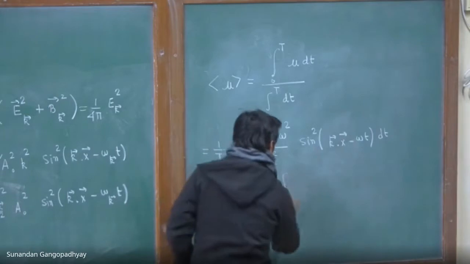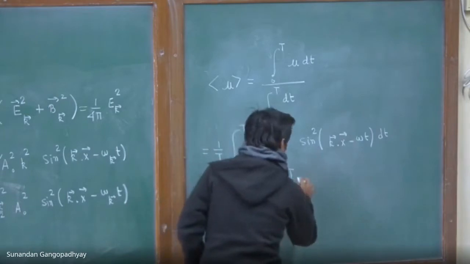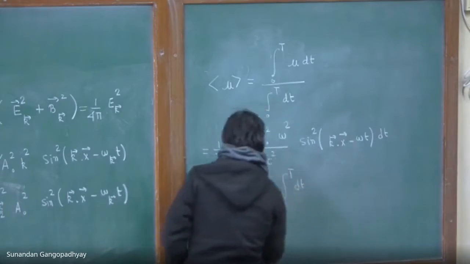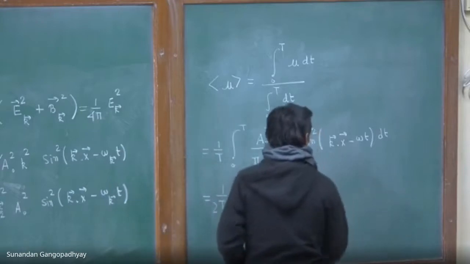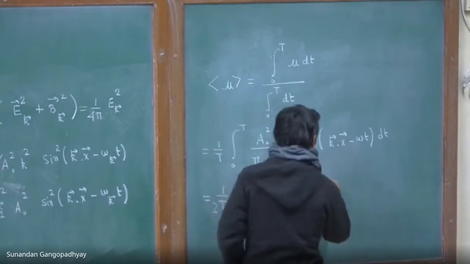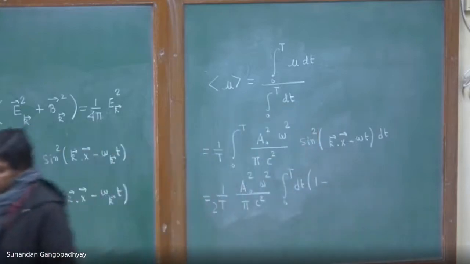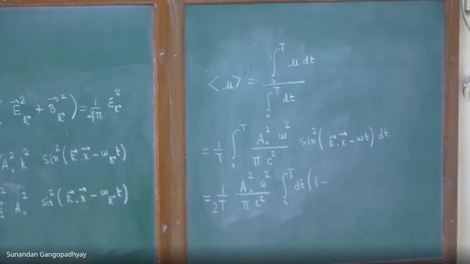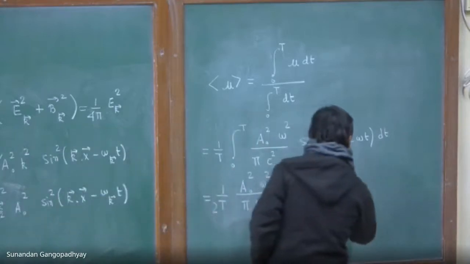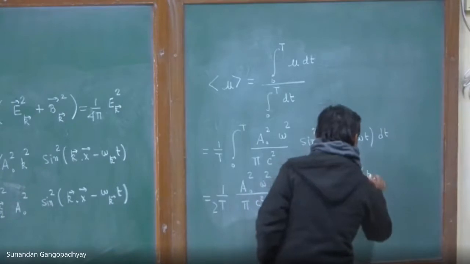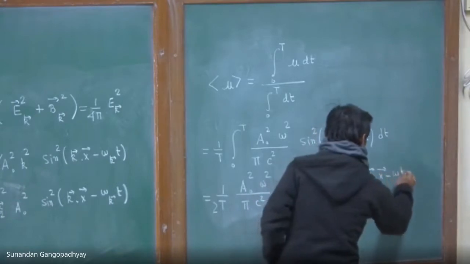This I can write down as integral 0 to T dt by 2, a factor of 2, 1 minus, let me just check, it will be 1 minus cosine of 2 (k dot x minus omega t).